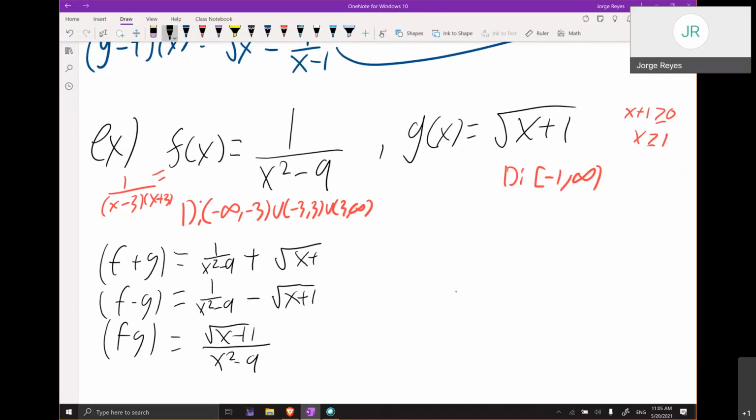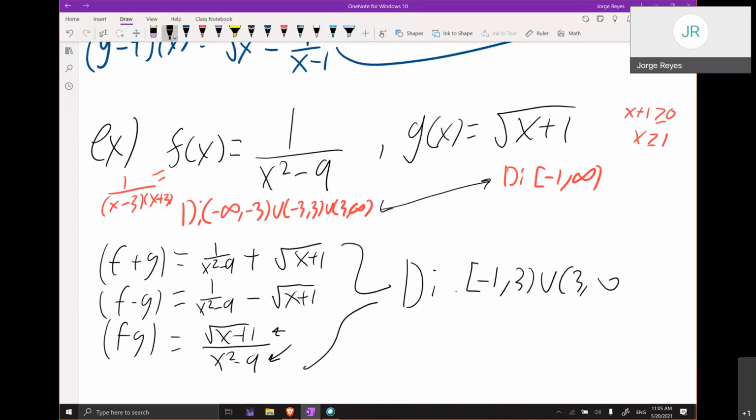All three of these will have as domain the intersection of both of these. Or you can just stare at it. We need x to be greater than or equal to -1, but then from here, you know that x can't be 3. So it's going to be this.